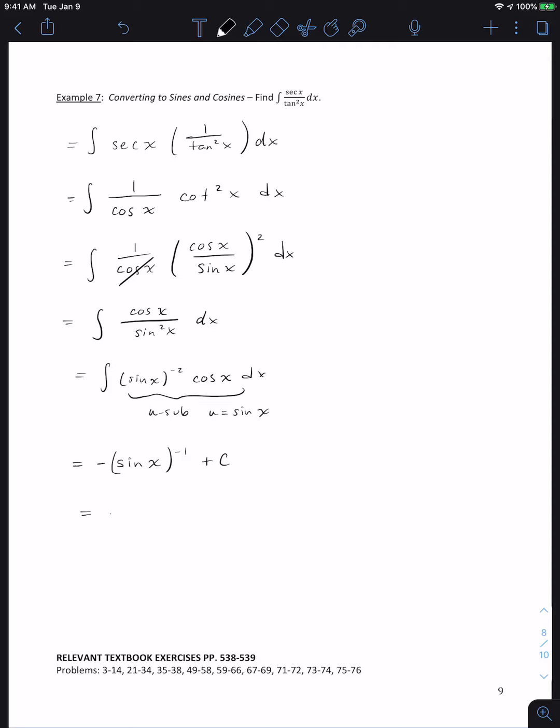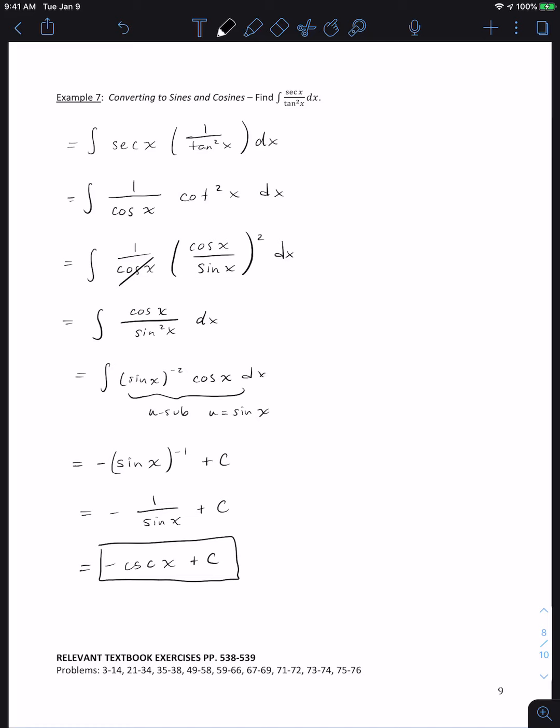So this looks like negative 1 over sine x plus c. But what is 1 over sine? Well, that's cosecant. So this is negative cosecant x plus c. So again, when all else fails, try converting to sines and cosines, and maybe you can get something that's easy to deal with like we just did there.